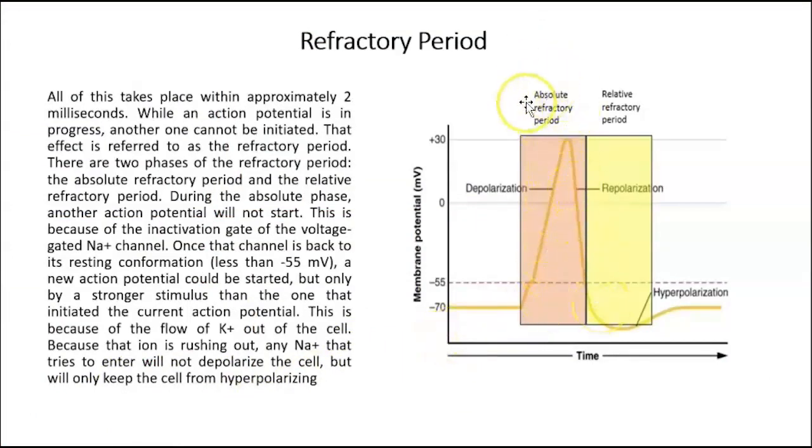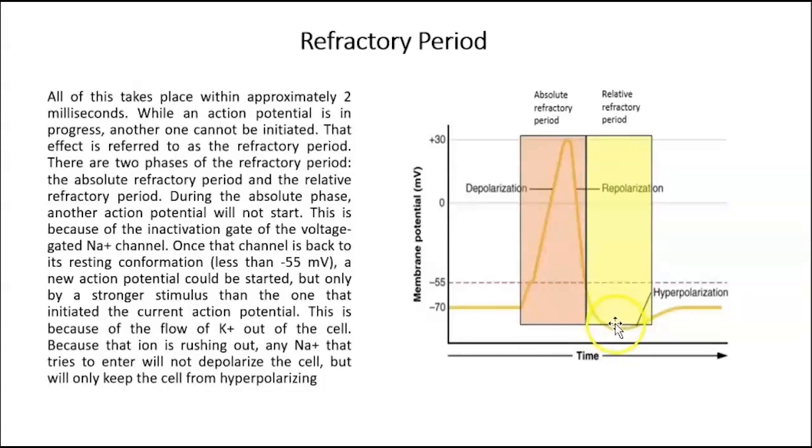Absolute refractory period. It's called absolute refractory period because you have one stimulus right here and another stimulus cannot happen at the same time. There's something else called relative refractory period. Okay, relative refractory period refers to this part. You see the yellow column right here? Okay, this is negative 70. This is the resting potential. However, as you can see here, when the potassium starts coming out, so you can reach the negative 70, a lot of times the channels keep open even though you already reached negative 70, so the potassium going out overshoots the negative 70 and goes even beyond that.